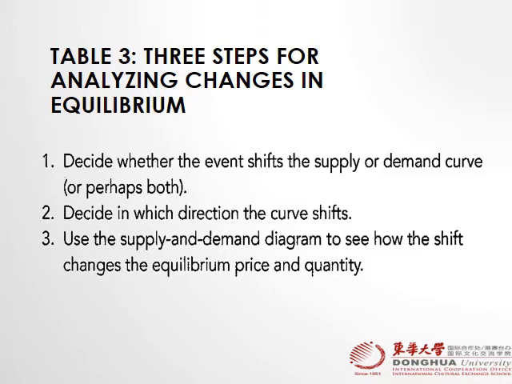So what we learned here, there are three steps to find the new equilibrium. One, decide whether this is a case of supply, demand, or both. Second, decide the direction, whether it's right side or left side. And third, you find out the new equilibrium.